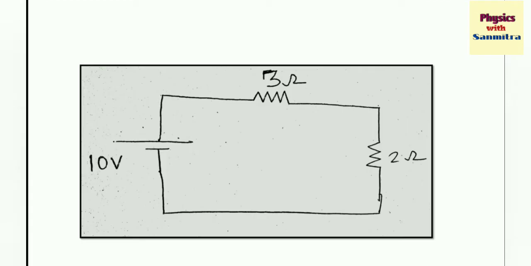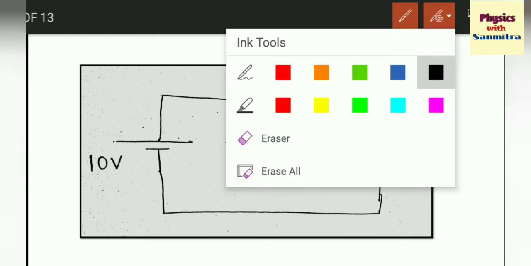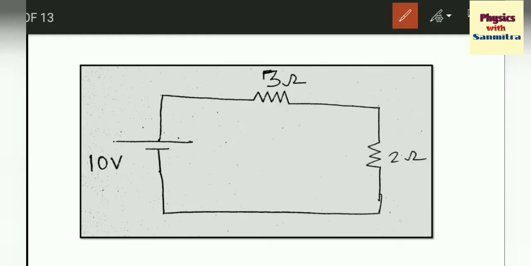Now let's apply KCL in this circuit. This is a very simple circuit, for the absolute beginners. This is 10 volt, and there is a 3 ohm resistance and a 2 ohm resistance. Now tell me, what will be the current flowing?